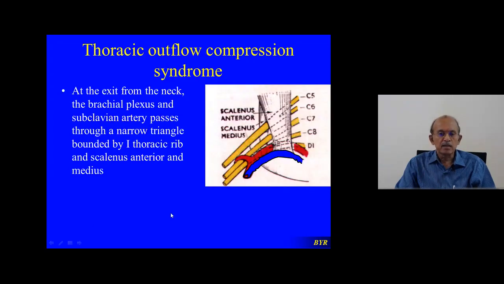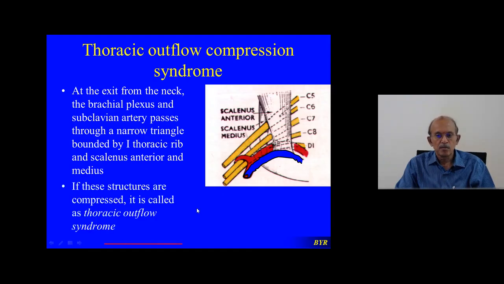At the exit from the neck, the brachial plexus and subclavian artery pass through a narrow triangle bounded by the first thoracic rib, scalenus anterior muscle anteriorly, and scalenus medius muscle posteriorly. In this triangle, these neurovascular structures pass out. But the subclavian vein travels in front of the scalenus anterior muscle. If these structures are compressed, it is called thoracic outflow syndrome.